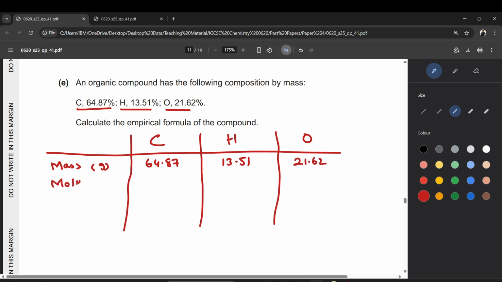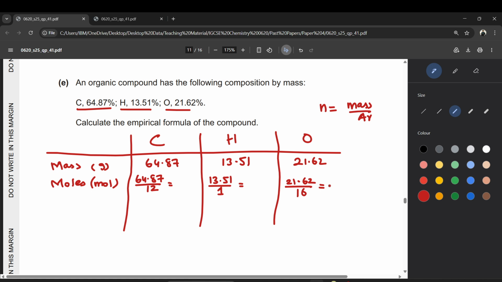Step 2, calculate the moles. The formula for finding the moles is mass upon AR. So this would be 64.87 divided by 12, where 12 is the AR value of carbon. For hydrogen, it is 13.51 divided by 1. And for oxygen, it is 21.62 divided by 16.